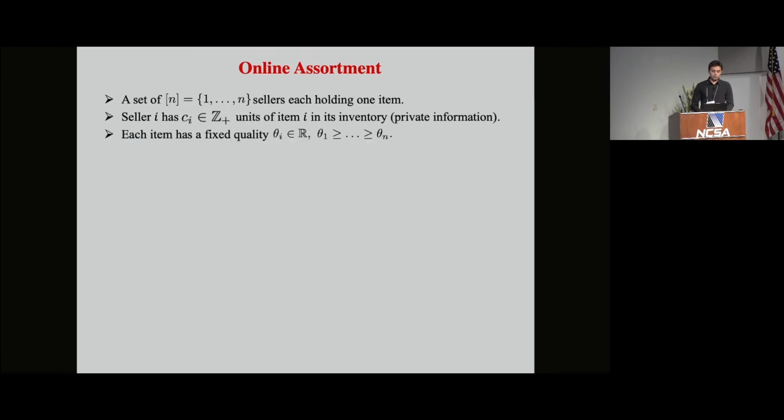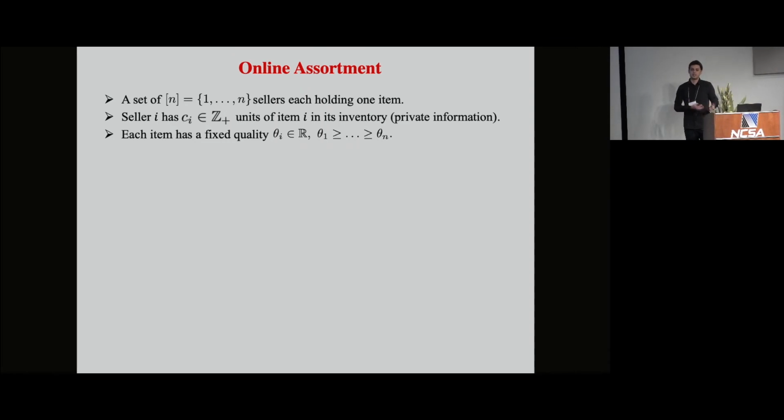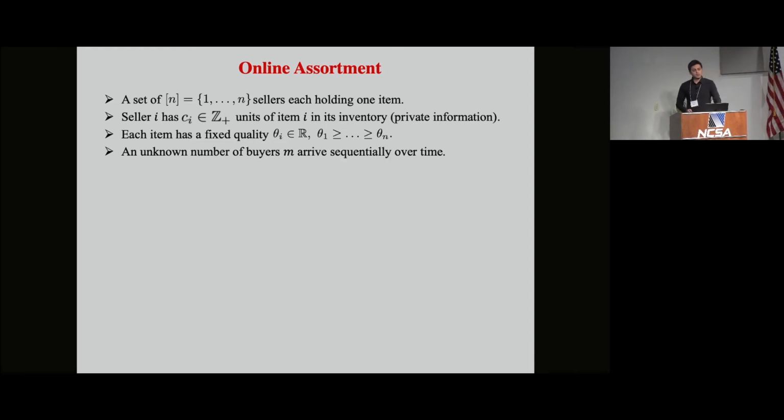Moreover, we assume that each item has a fixed quality. We denote the quality of item i by a real number, which can be either positive or negative. If it's negative, it means that a buyer prefers to leave the market rather than buying that item, because the item has negative quality. So an unknown number of buyers are going to sequentially join the platform.